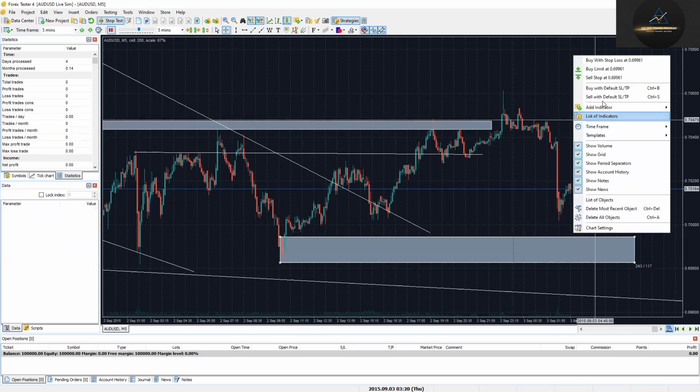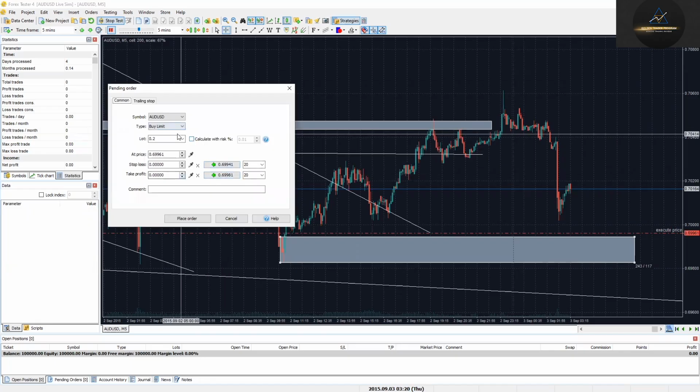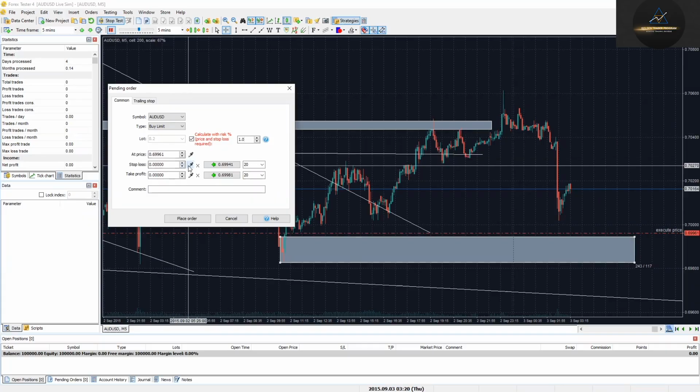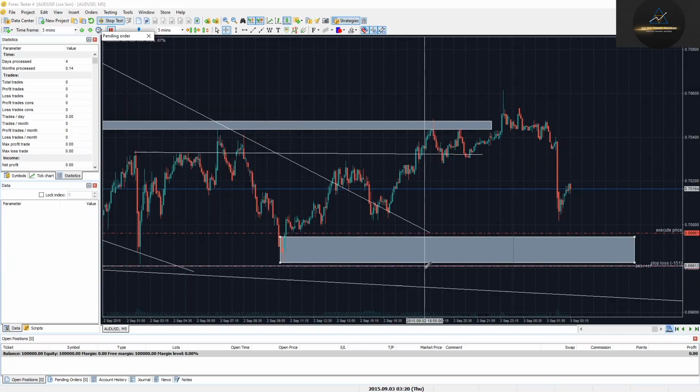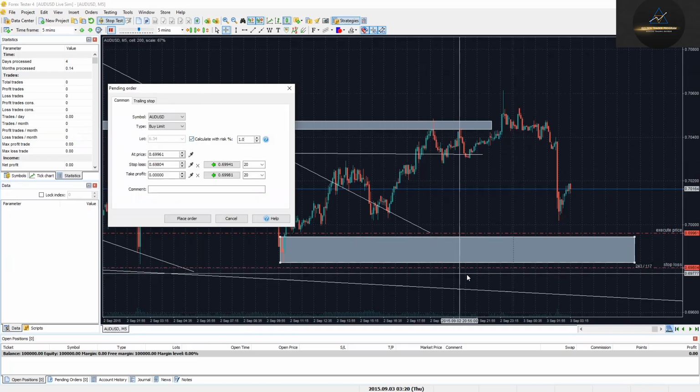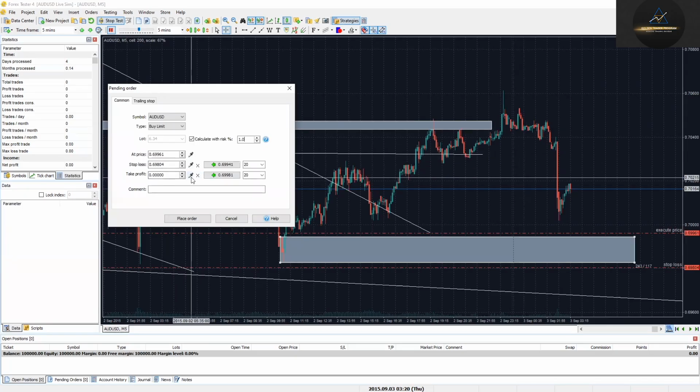Let's place a limit order at 69. Let's go for 1% risk. Stop loss below these equal lows. Remember, we were looking at M5, so it's about 25 pips.